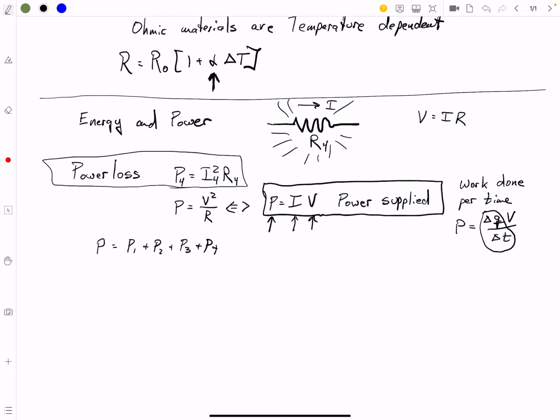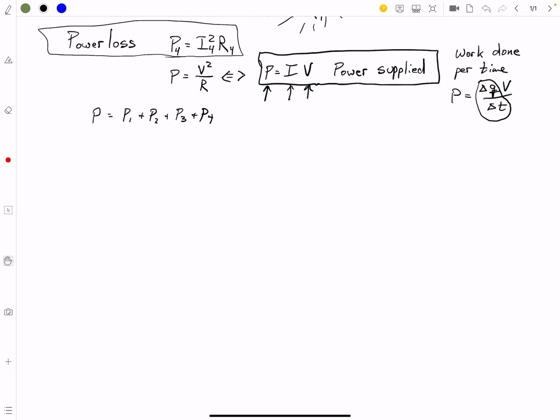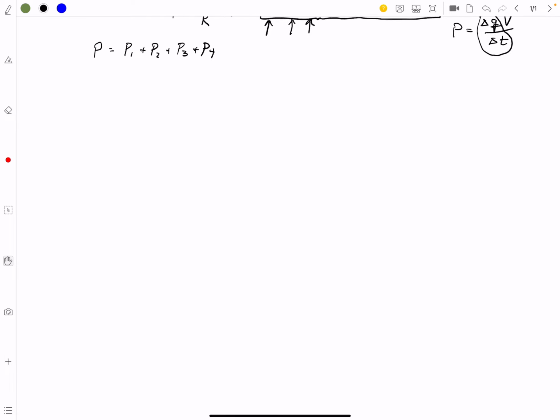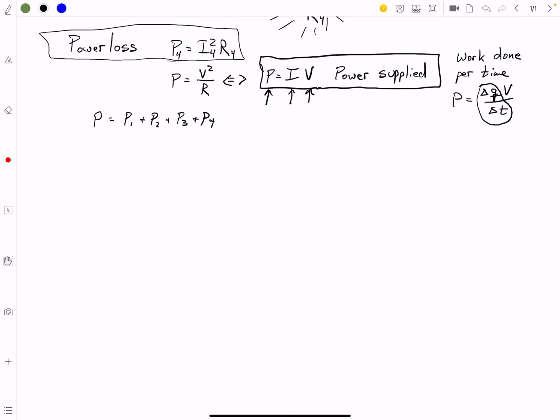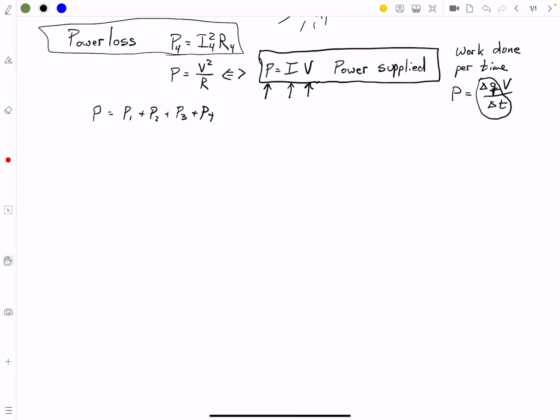Our average I. So, okay, work done per time. All right. Let's stop there. I'll leave this bit here, but we're going to stop and continue on in a minute.